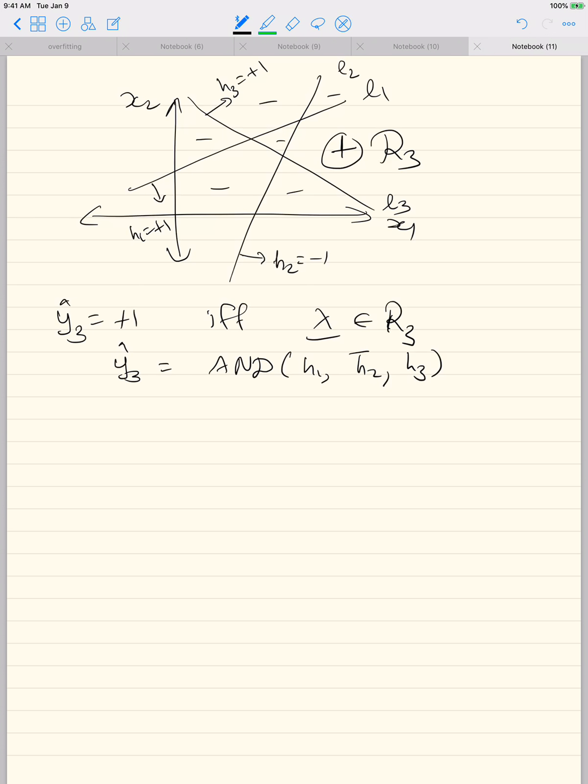So we can see how each individual region can be made positive one at a time. But now we want to implement a union of those three regions, and if x belongs to either R1, R2 or R3, we want the label to be plus 1.